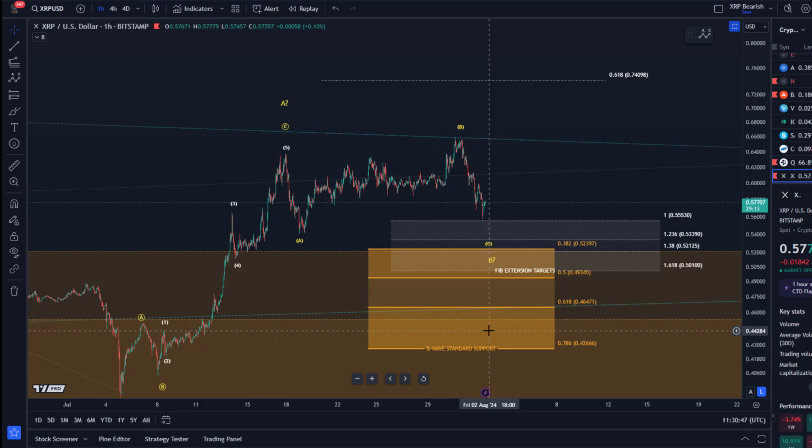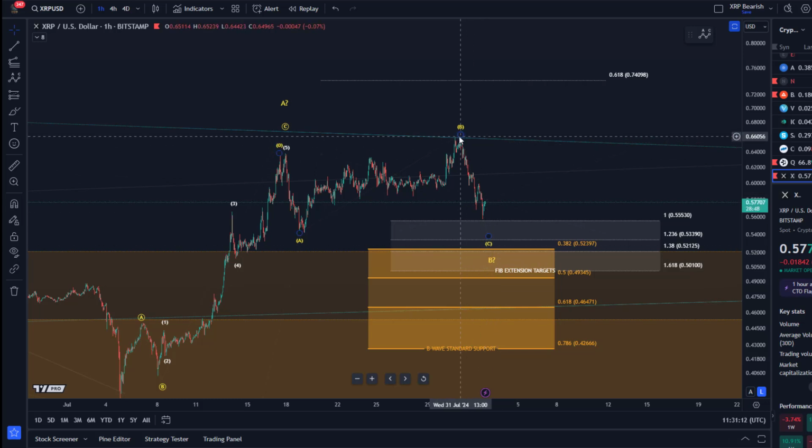There seems to be a small cluster of support here where the previous swing low is located, and the 1.38 extension and the 38.2 retracement at around 53 cents. So pay attention to that area. Specifically just above that, we've got the 53.4 cent level. So quite a few levels there. In case it needs another low, this would be an area to watch.